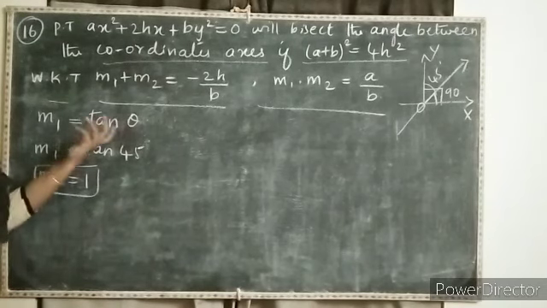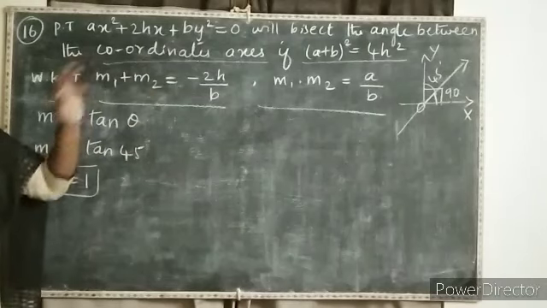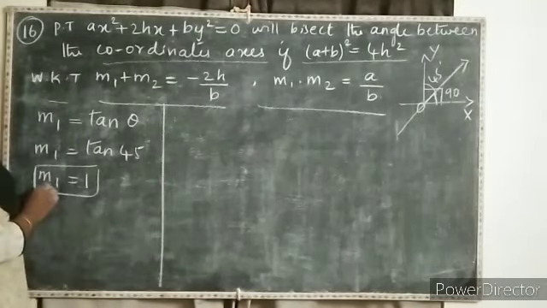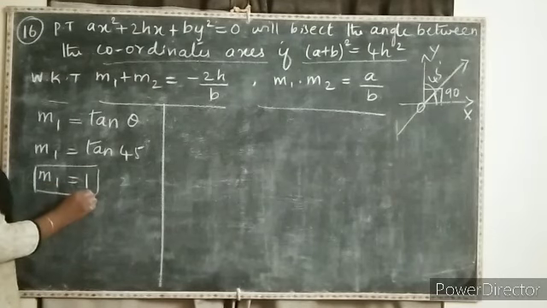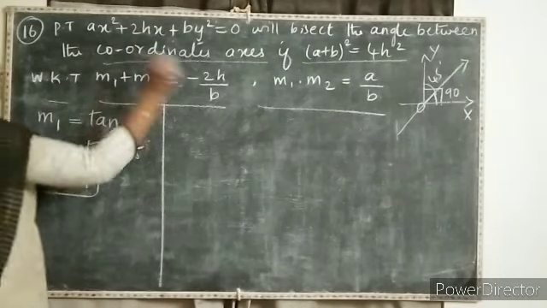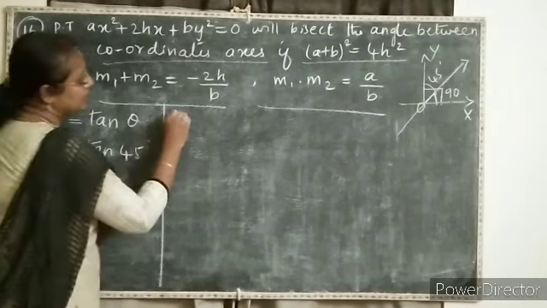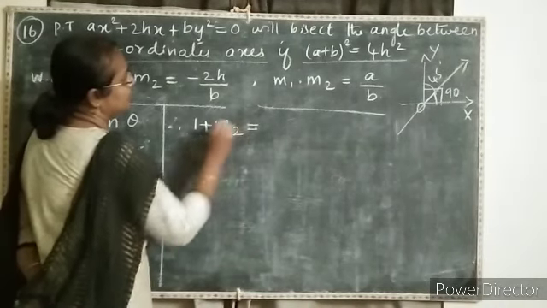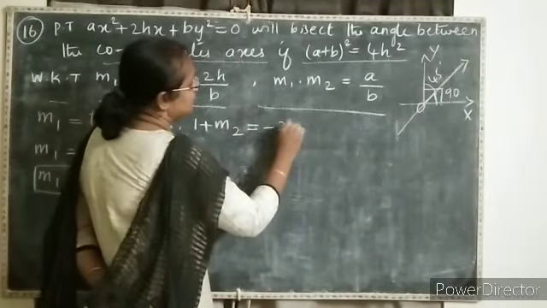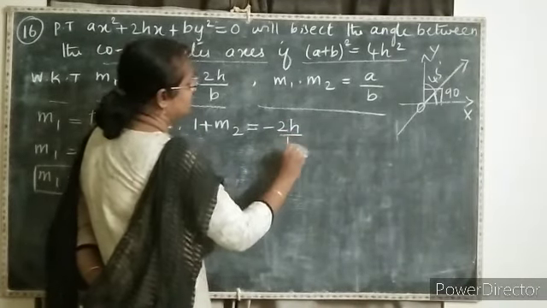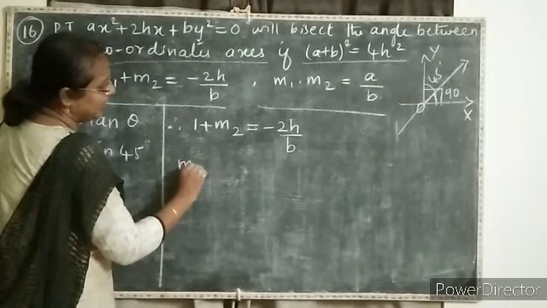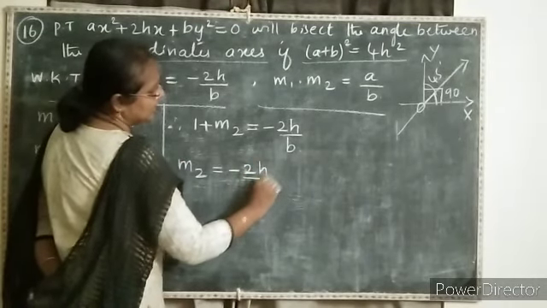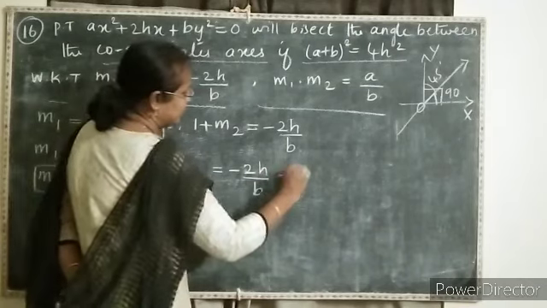We don't know the value of the next slope, so let's hold it as it is. Now we are going to substitute m1 as 1 in the given condition. So 1 plus m2 is equal to how much? Minus 2h divided by b, isn't it? So now what will be m2? m2 will be equal to minus 2h divided by b, minus 1.